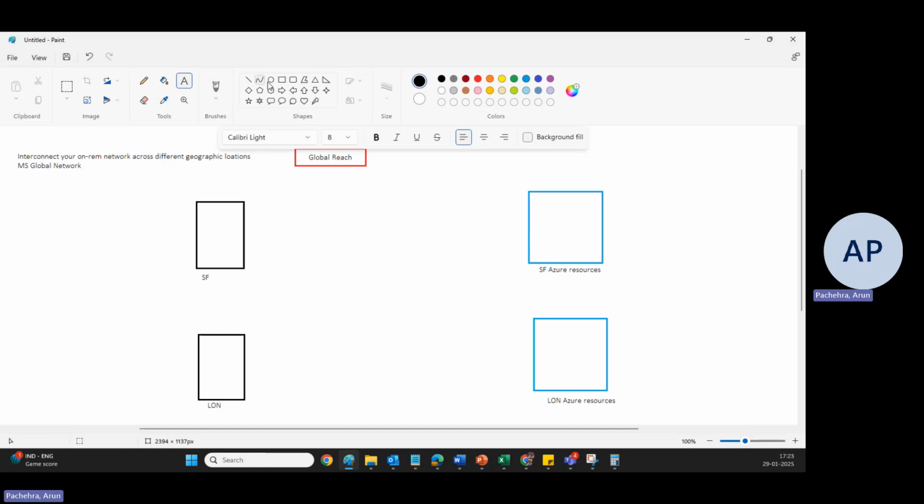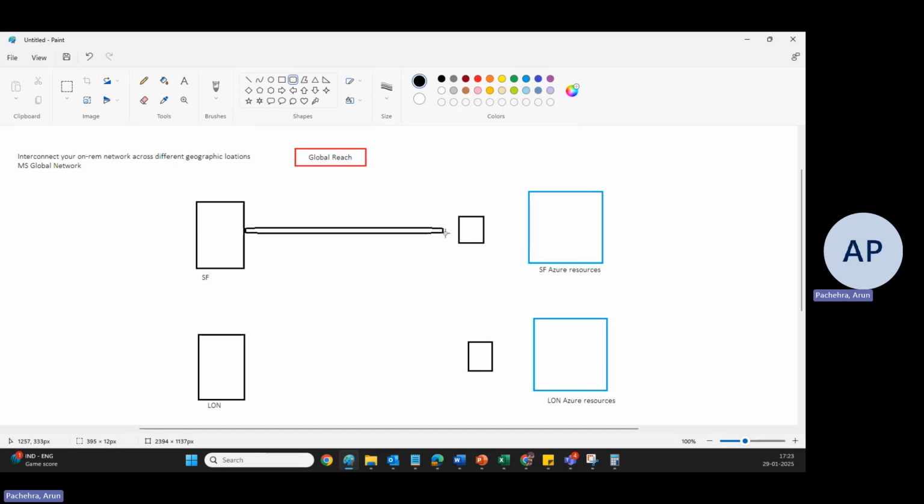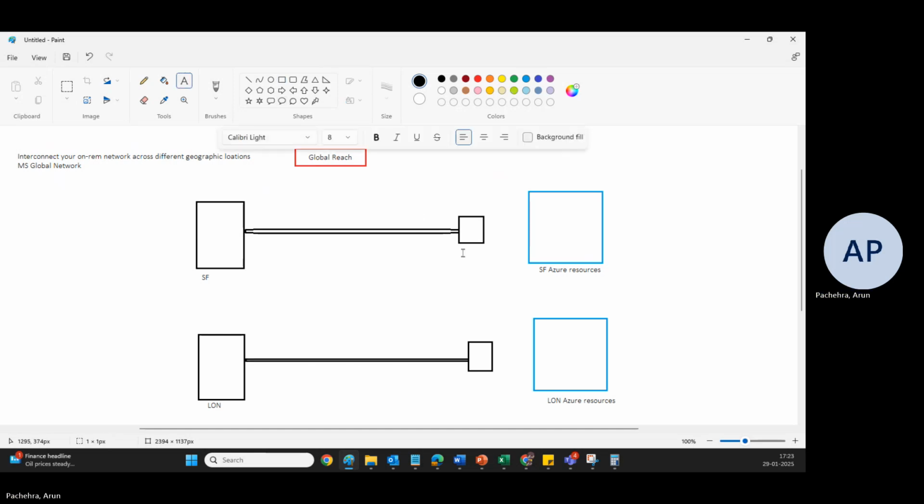Right, clear? Now while both offices can efficiently access Azure resources, how? Because of the same thing we have learned earlier: there is a circuit, and there is an ExpressRoute going to this circuit, and it is connected to these Azure resources, and here as well.